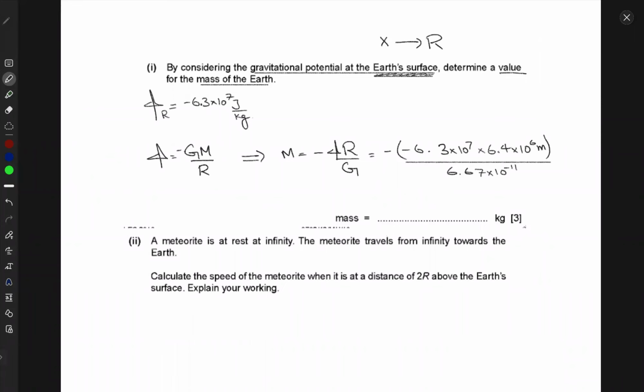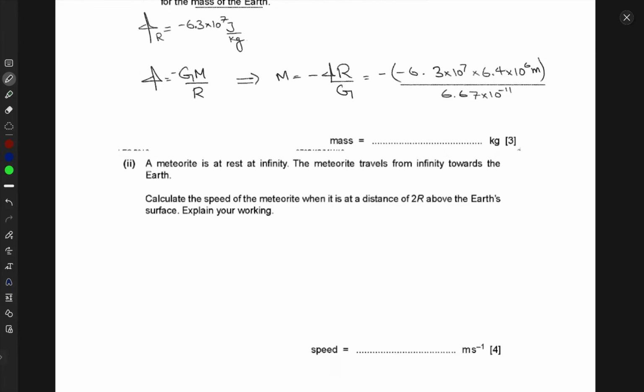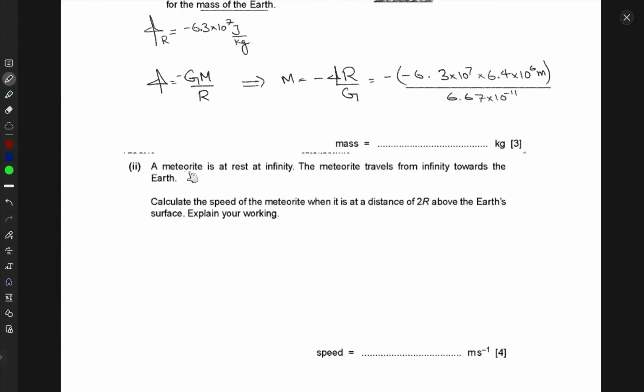So is that clear? Is there any question in this part of the problem? It's clear. Okay, great. So in the next part, we have a meteorite at rest at infinity. Infinity really means that it's very far away from the Earth.